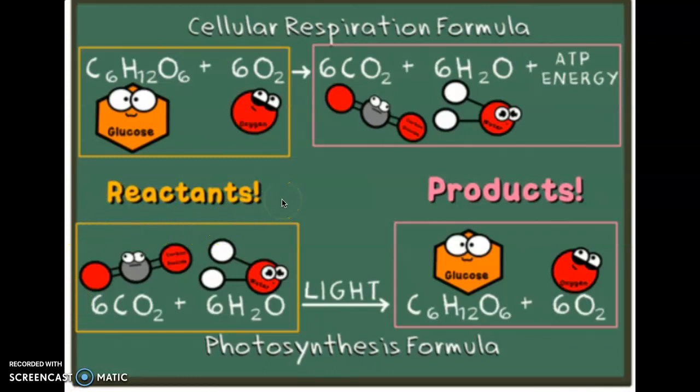This is the best way to take a look at it. So here's the cellular respiration formula, and you can take a look at the reactants, which are here on the left side. This one's the photosynthesis formula.